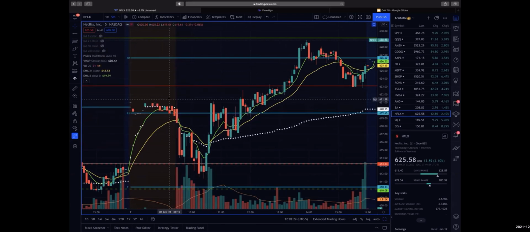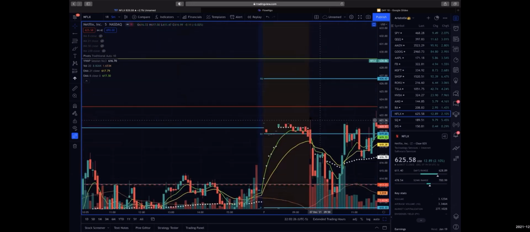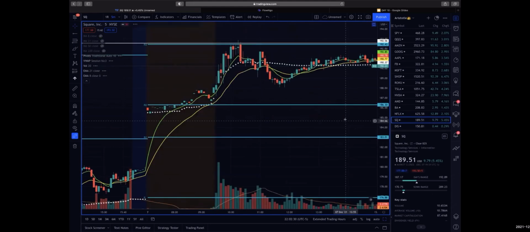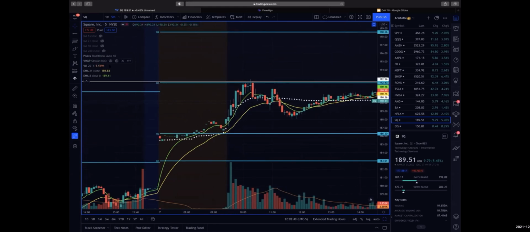Trying to see if we can find another example. None really, right? But we're going to teach another strategy. SQ. Yep, so SQ would be one. With SQ, we count the first 15 minutes, 1, 2, 3. Mark the top of that, right?